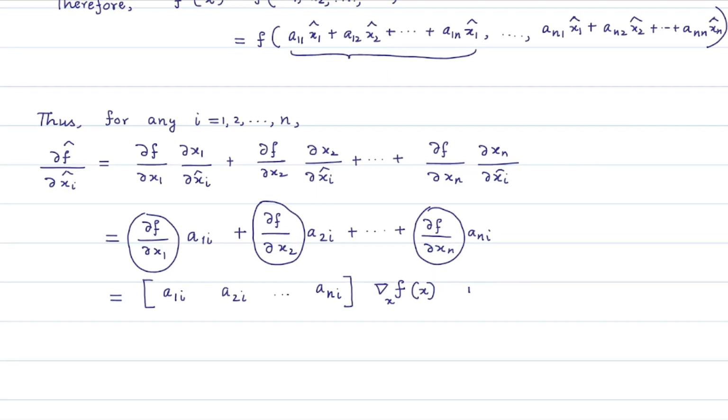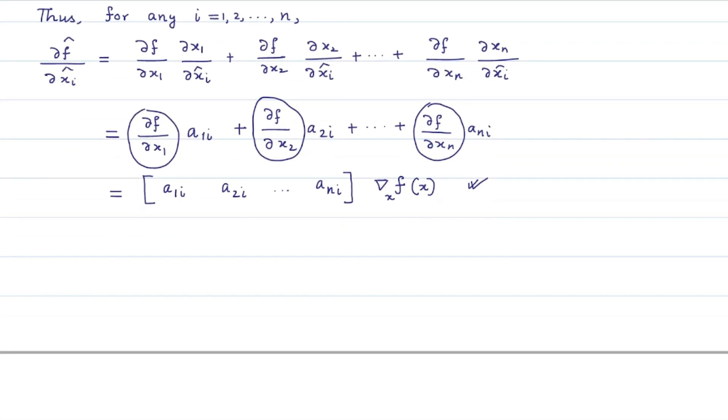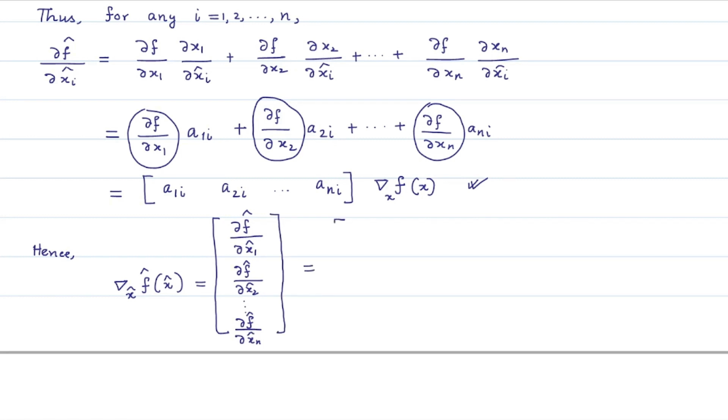And therefore, on calculating partial derivatives of the function f hat with respect to xi hat, we have the gradient of the function f hat with respect to x hat, which is given by the first row as a11, a21 till an1, times the gradient of the function f with respect to x.